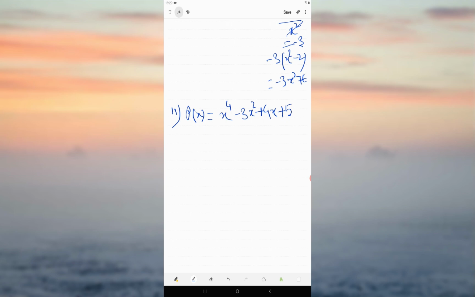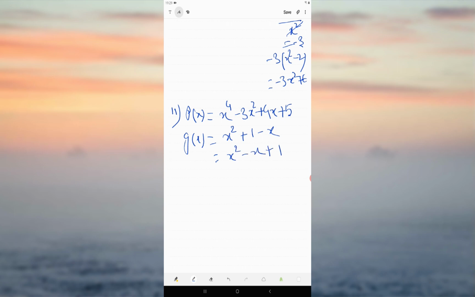And g(x) equals x square plus 1 minus x. So see, g(x) is given as x square plus 1 minus x. So we can write g(x) as x square minus x plus 1.